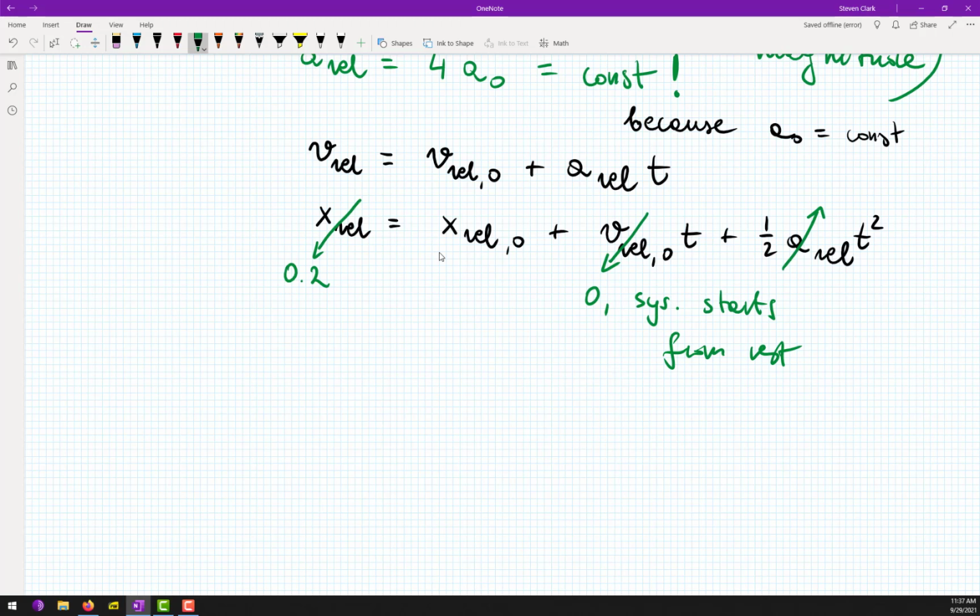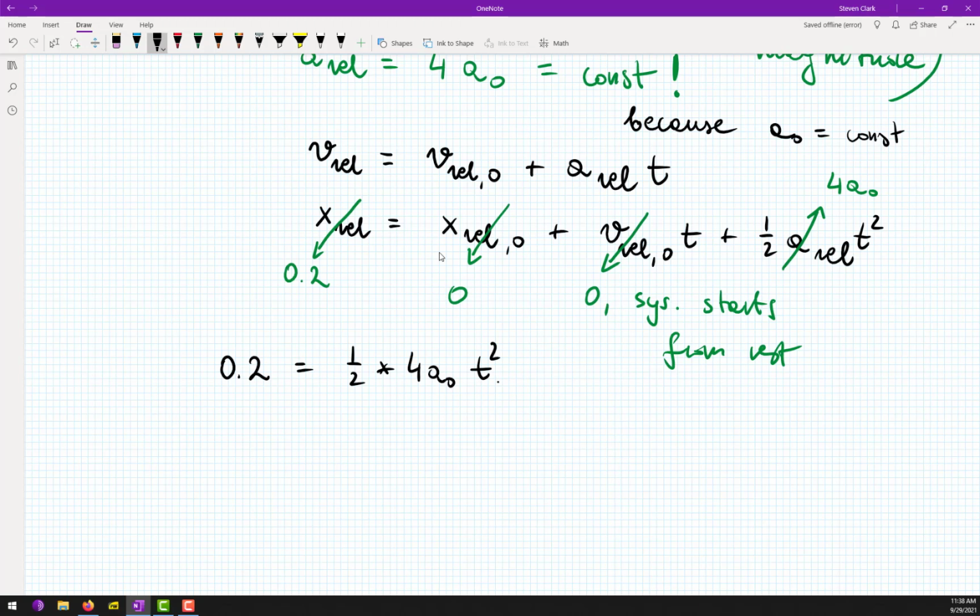This one we found was 4a0, and this guy will be 0, because we can always choose a coordinate system that is coincident with our initial displacement at the beginning.